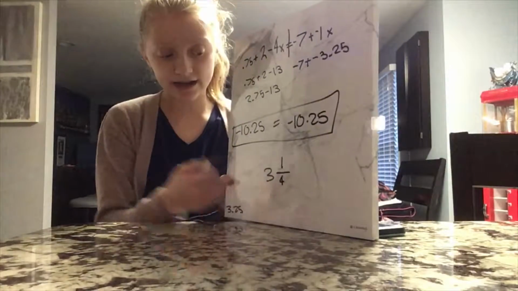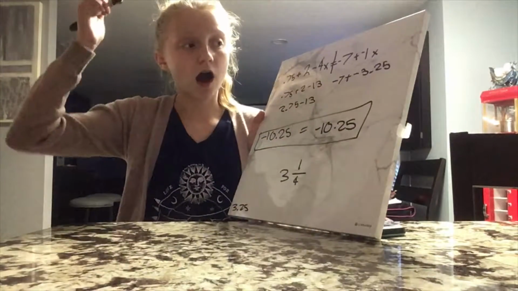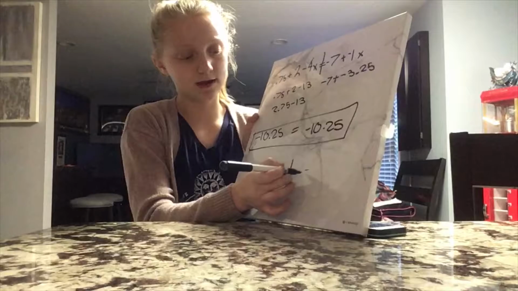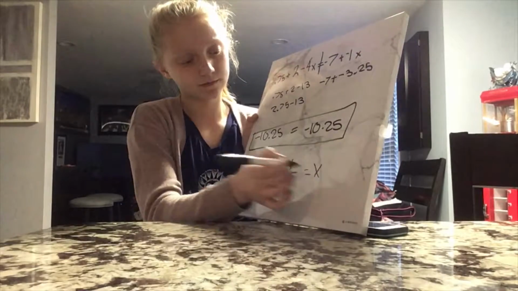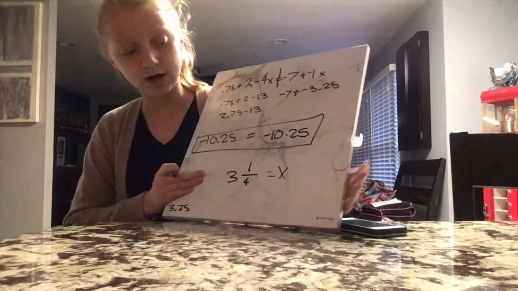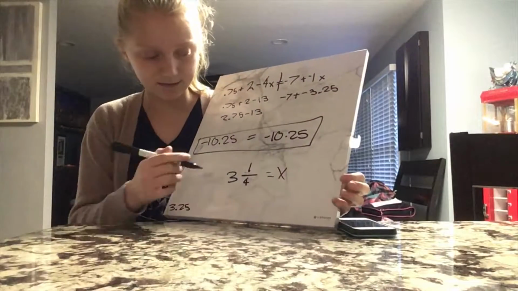So since we simplified and it can't be simplified anymore, our answer would be this: 3 1/4 equals x.